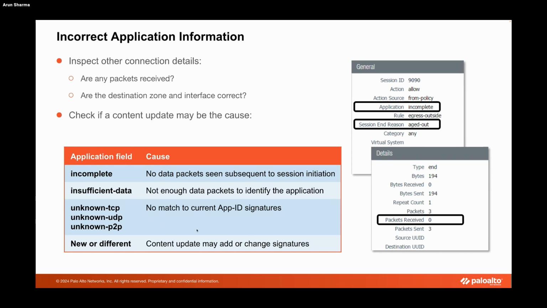It could be unknown TCP, unknown UDP, or P2P. The reason for that is we don't have any matching app ID signatures, so this is how we classify it. Let's say we have something new which the firewall doesn't know about, or a customized application which is not using a standard port.